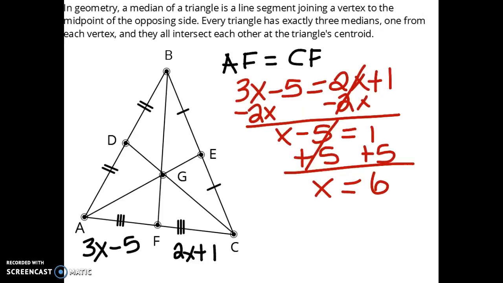Now, if I wanted to find the length of AF, if I wanted to find the length of the base of that triangle, which is AC, what do I need to do? No, multiplying by 2 for that 6 is not correct. I would need to put in 6 for x.